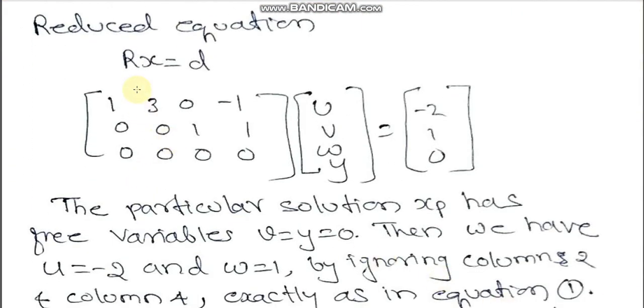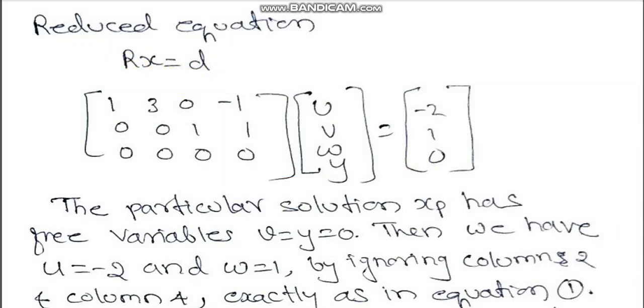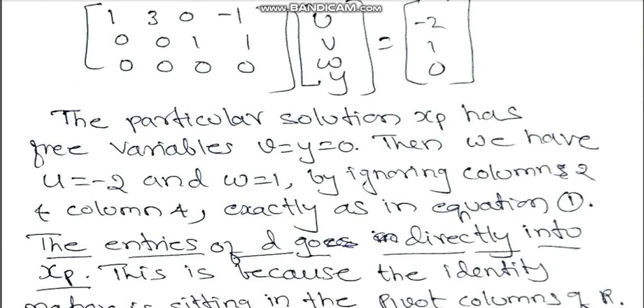So you can have the reduced row echelon form also. The same example I have taken and explained this for Rx. You can see this is R because the pivot elements are 1 and the elements below and above the pivot elements are 0. If you solve this, instead of Ux equals c, you can solve Rx equals d. You will get the same solution here also.